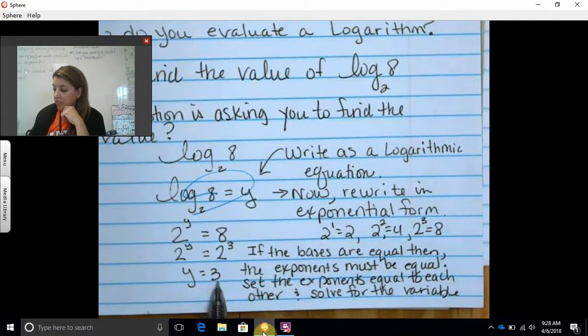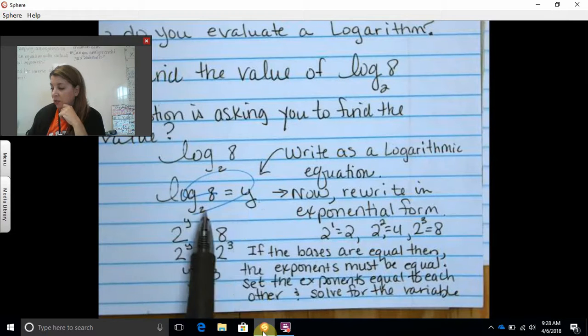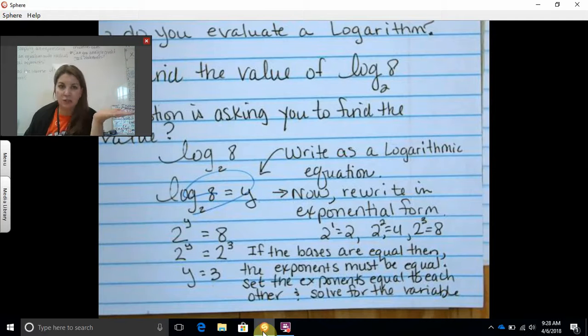So y must be 3. Is that true? Is 2 raised to the third power 8? Yeah, is log base 2 of 8 equal to 3? Yeah, because 2 cubed would be 8, right? So again, on easy ones like this, you're not going to have to go through all this. But sometimes you're going to have problems that are a lot more complicated, and you're going to want to know how to follow these steps in order to find your answer.